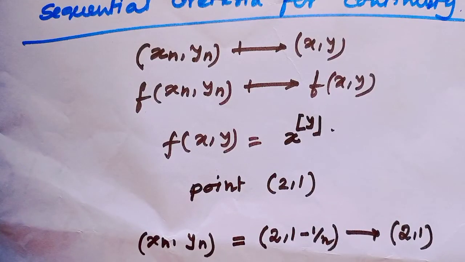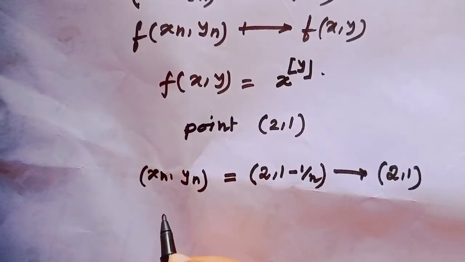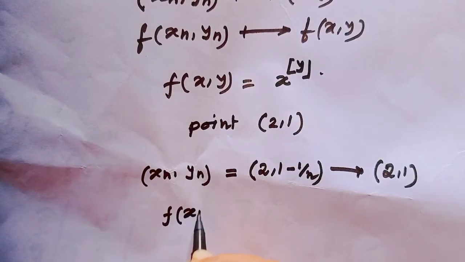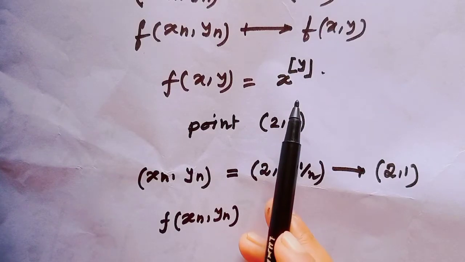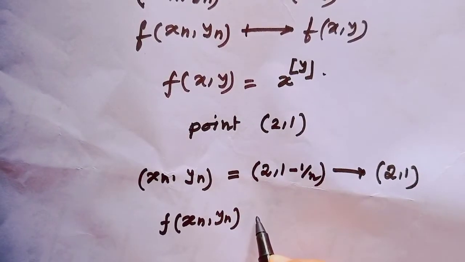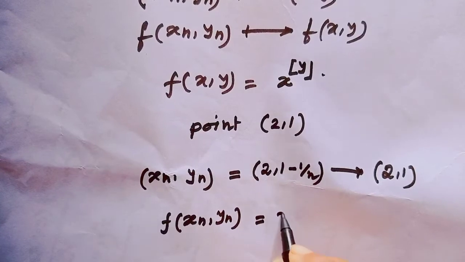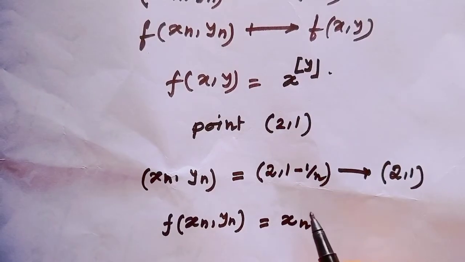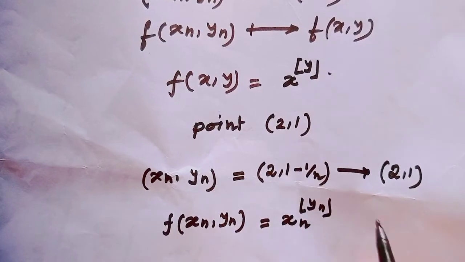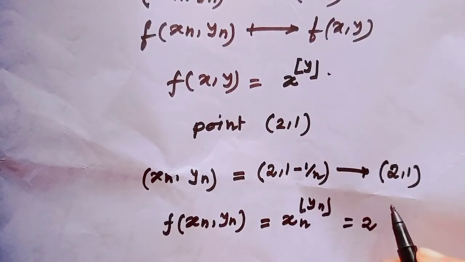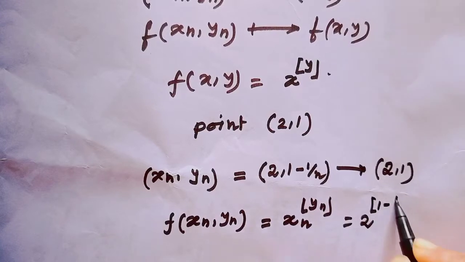Then f(xn, yn), by the defined function, would be xn to the power box of yn, which is 2 to the power box of (1 minus 1 over n).